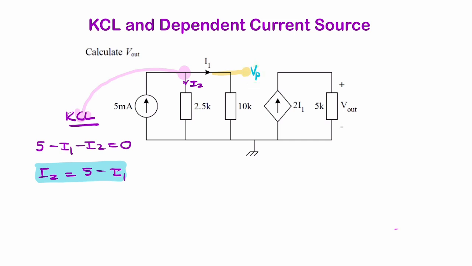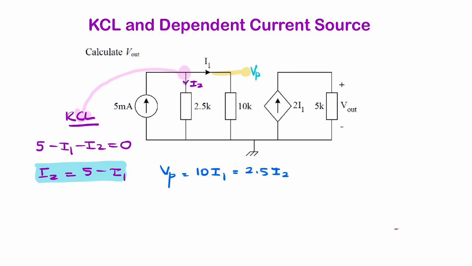VP is each current multiplied by its resistance. So I1 times 10 is equal to I2 times 2.5, equals VP. Let's write that out: VP equals 10 I1 equals 2.5 I2.